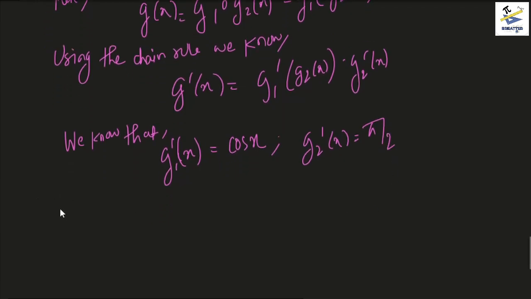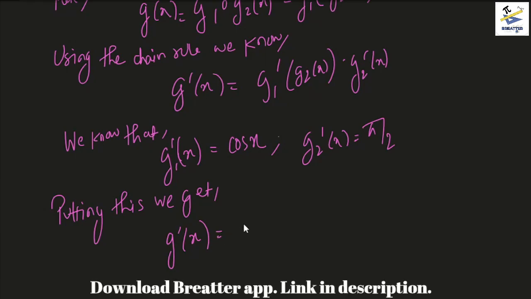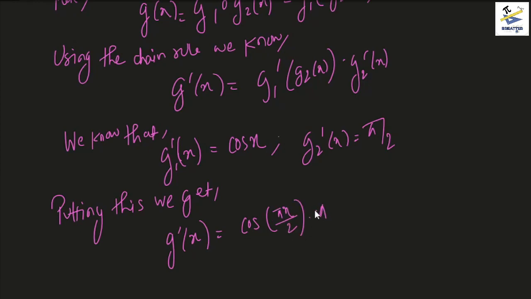So putting this together, g prime of x equals cosine of g2(x), which is cosine of pi x by 2, into pi by 2.